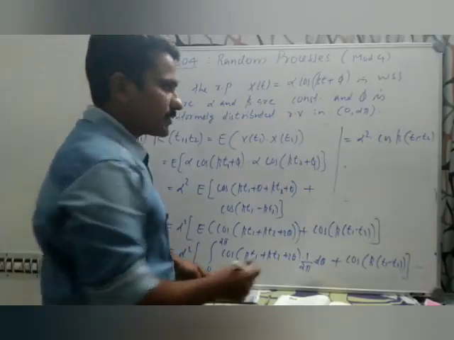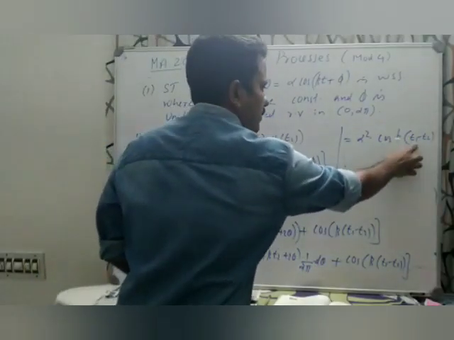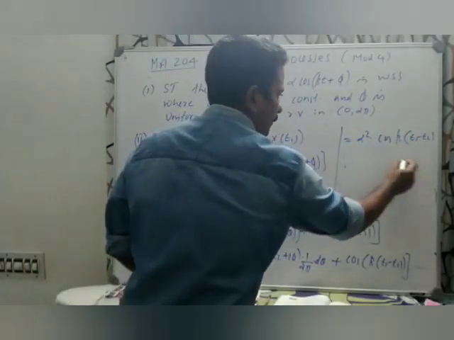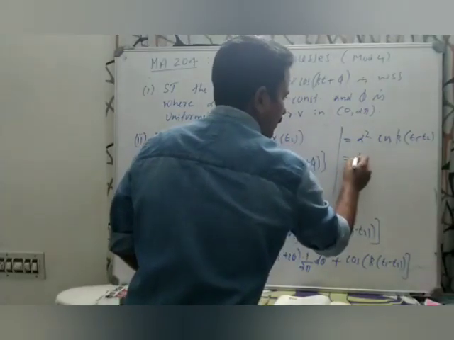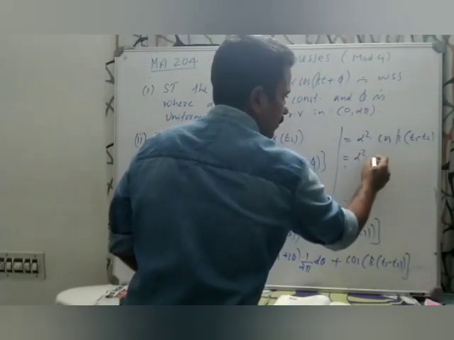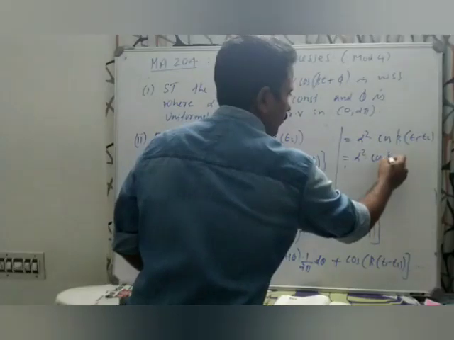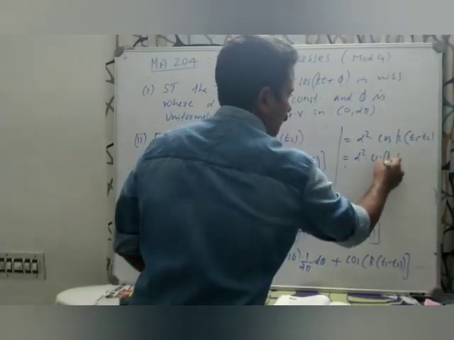Cosine is an even function, so t1 minus t2 is the same as t2 minus t1. Okay, so if we denote t2 minus t1 as tau, this will be cosine of beta tau.